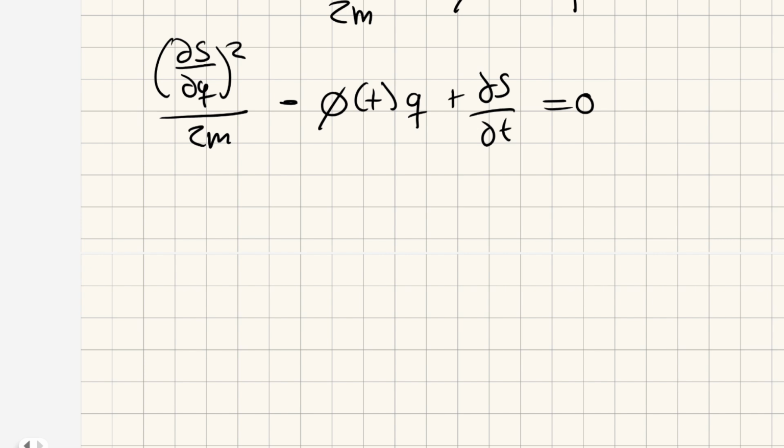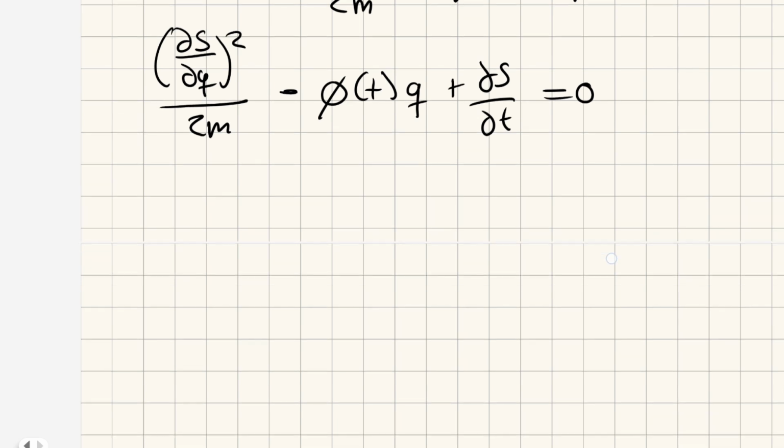Well, looking that we have a function of the time here, this q can be considered a constant, and we are going to be taking the derivative of this function. But we should not modify the structure of the equation. It has to be the same.